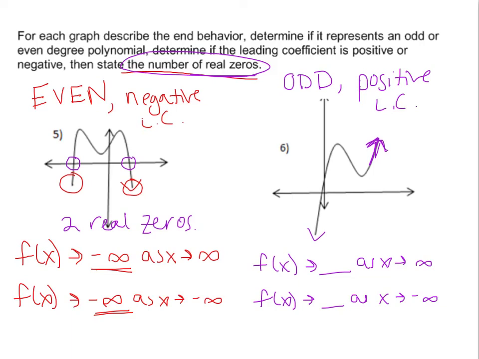Well, as x approaches positive, that's the right-hand side, this is going up, so we'll say positive infinity. As x approaches negative, that's the left-hand side, so we'll say negative infinity. And then the number of real zeros, here we're just crossing the x-axis one time, so this has 1 real zero. Stay tuned for one last example here.